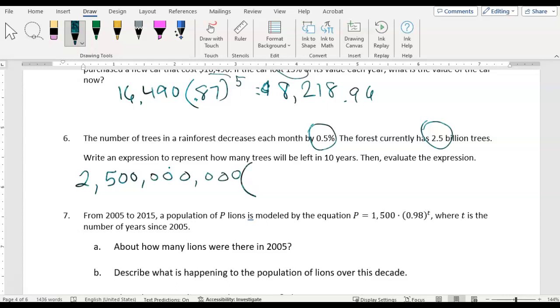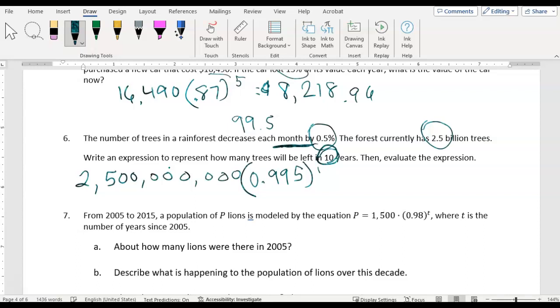Okay, 0.5% is a very, very small amount. That means what remains is 99.5%. So 0.995 is how much is left of the rainforest in those months. Then it says, write an expression to represent how many trees will be left in 10 years. So this is each month, and we're talking about 10 years.